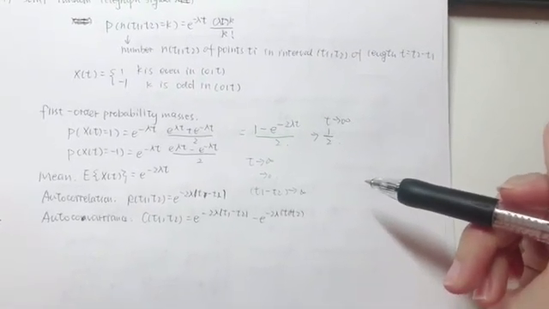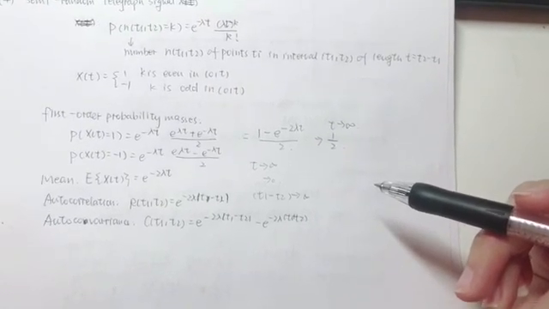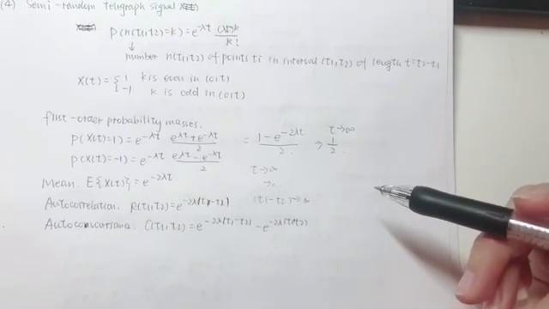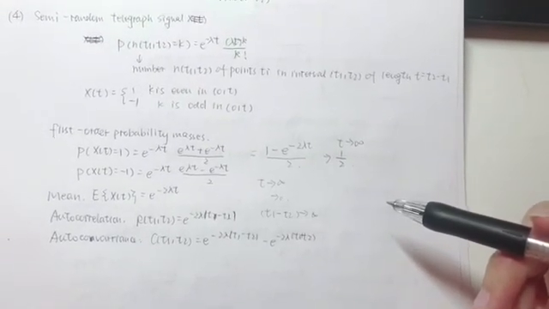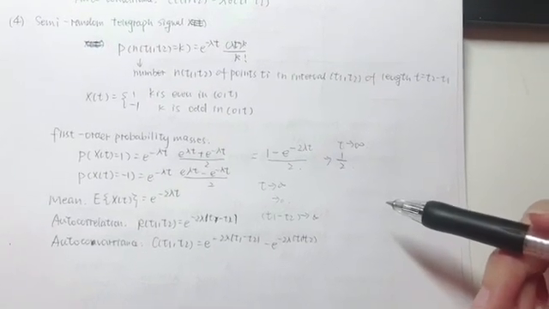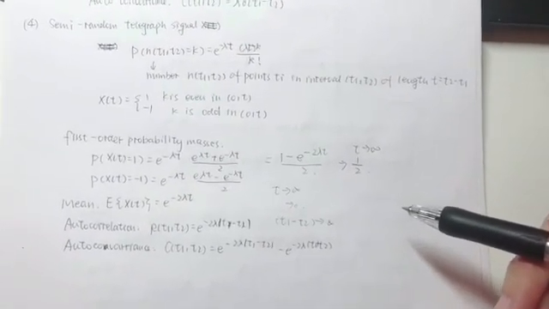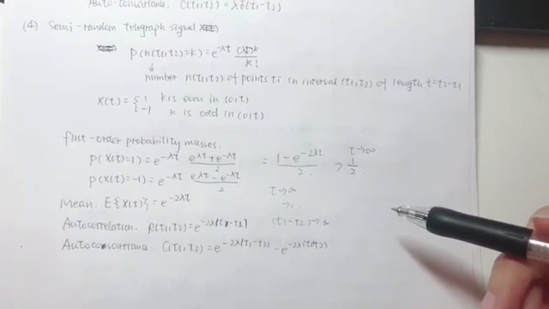That matches our knowledge, which is that when t1 and t2 are far away, x of t1 and x of t2 will have less probability to correlate.